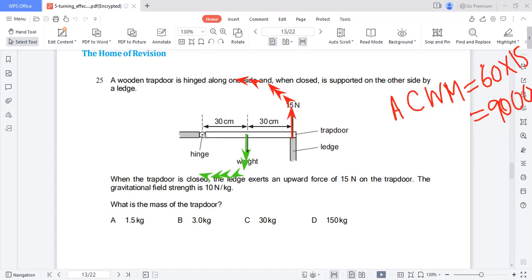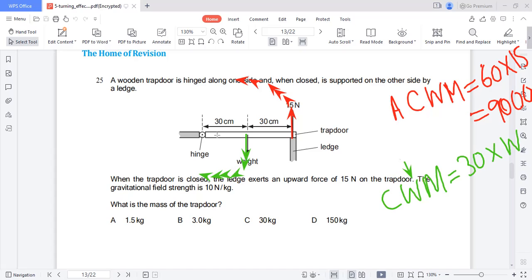Its perpendicular distance is 30, so the moment is 30 times weight. It's a balanced situation.